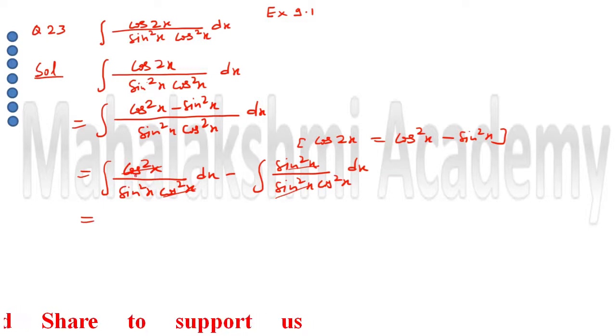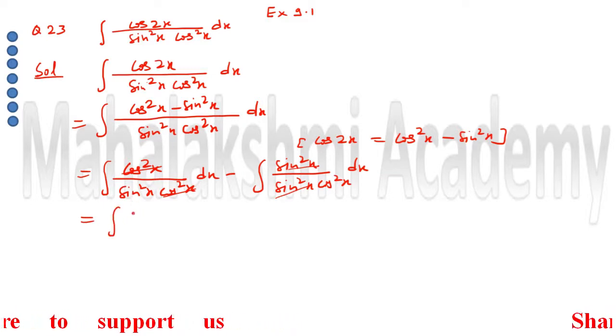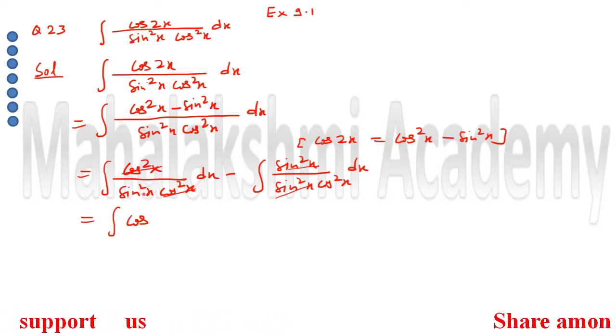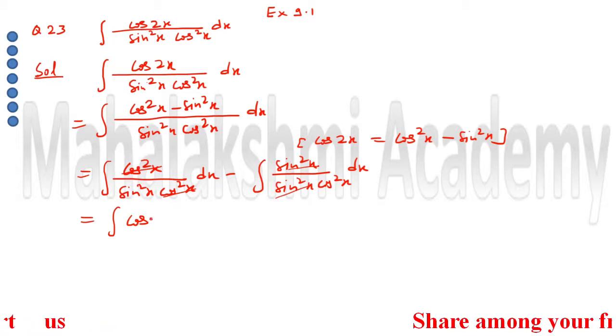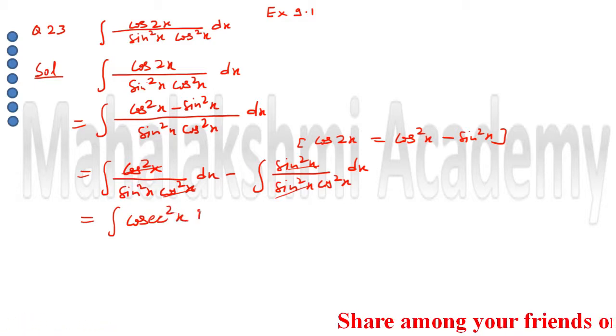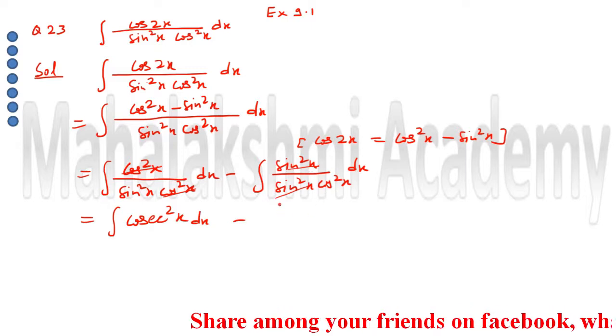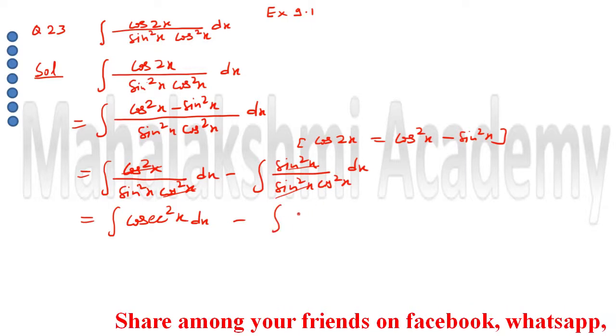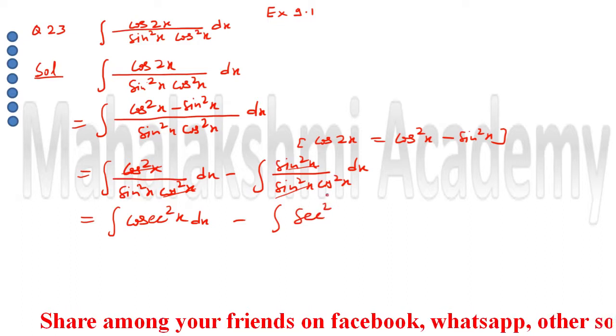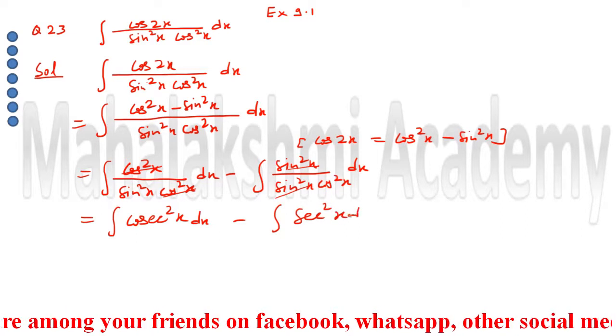So we are left with 1 upon sin square x, the reciprocal of sin square x, which is cosec square x dx, minus 1 upon cos square x, whose reciprocal is sec square x, so sec square x dx.